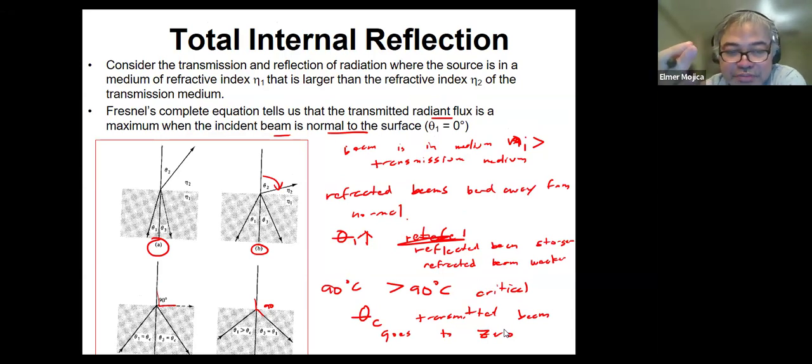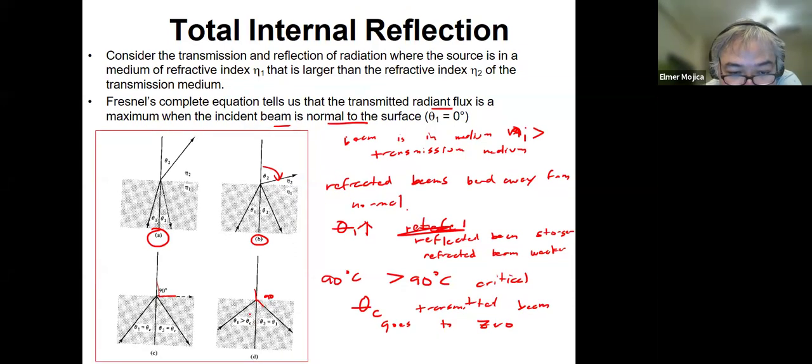In the second part, your reflected beam grows stronger and the refracted beam goes weaker as the angle of incidence becomes larger. And then at angles of 90 degrees or greater, at the critical angle, the transmitted beam intensity goes to zero. When I say the critical angle, this one. So the transmitted beam goes to zero.